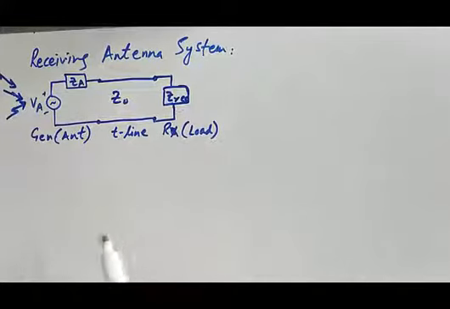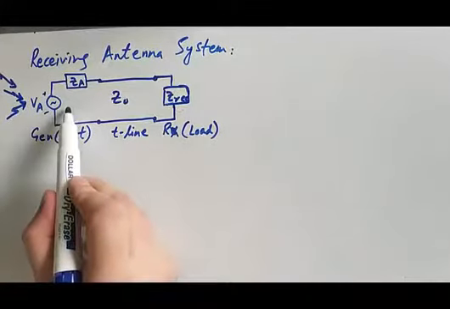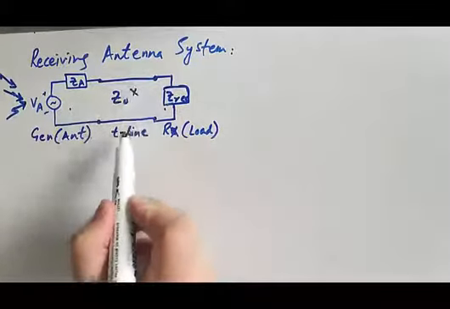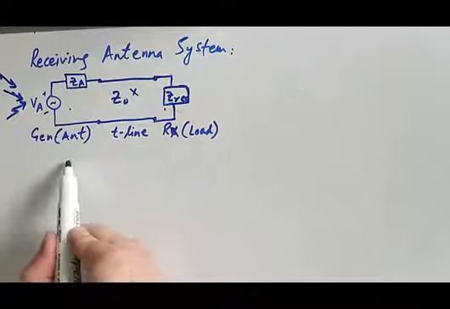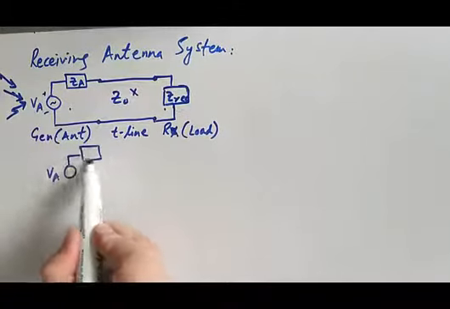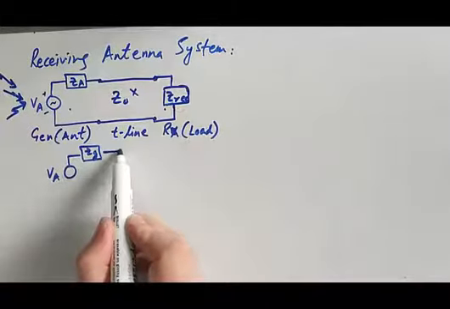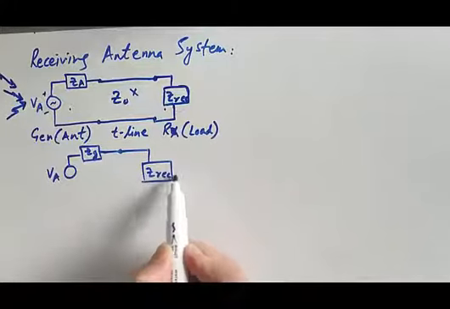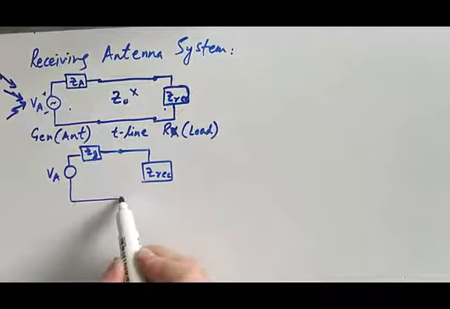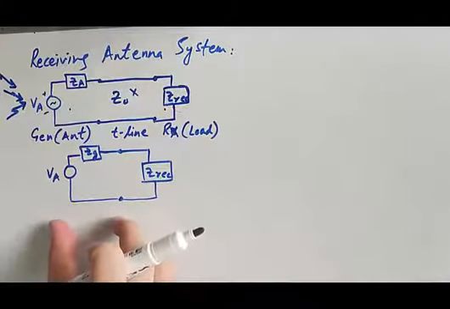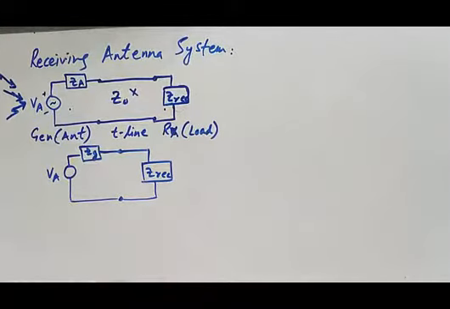Assuming that the antenna is directly connected to the receiver and there is no transmission line, we can redraw the circuit with VA and ZG, and then the receiver attached directly. This point shows the load point, and this point shows the generator, where the antenna is actually the generator.